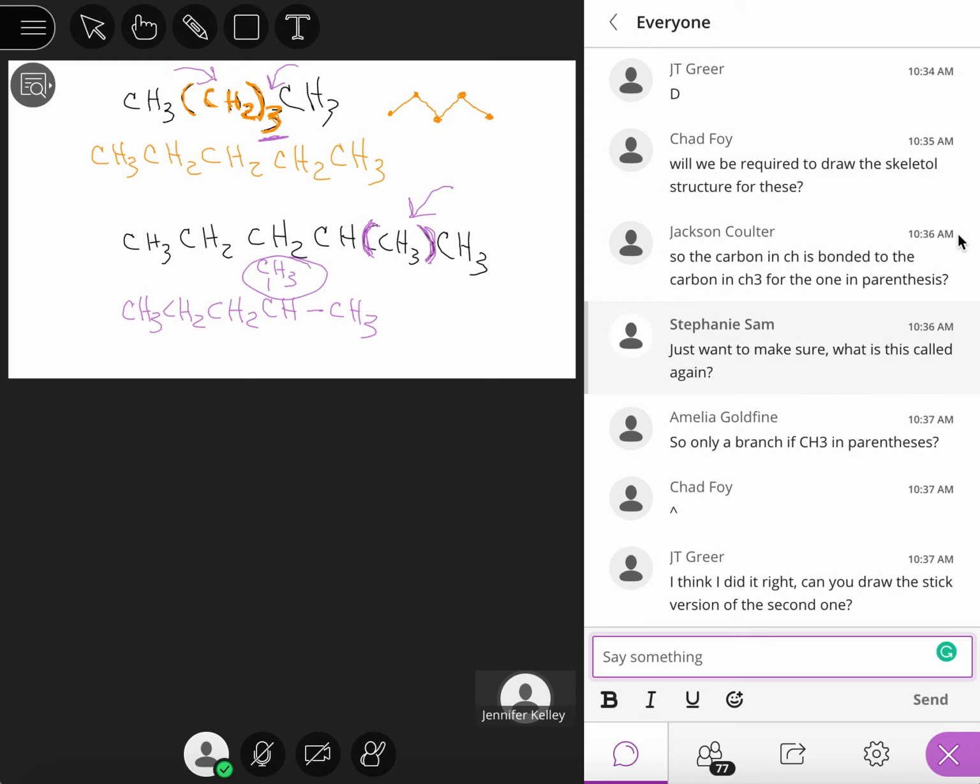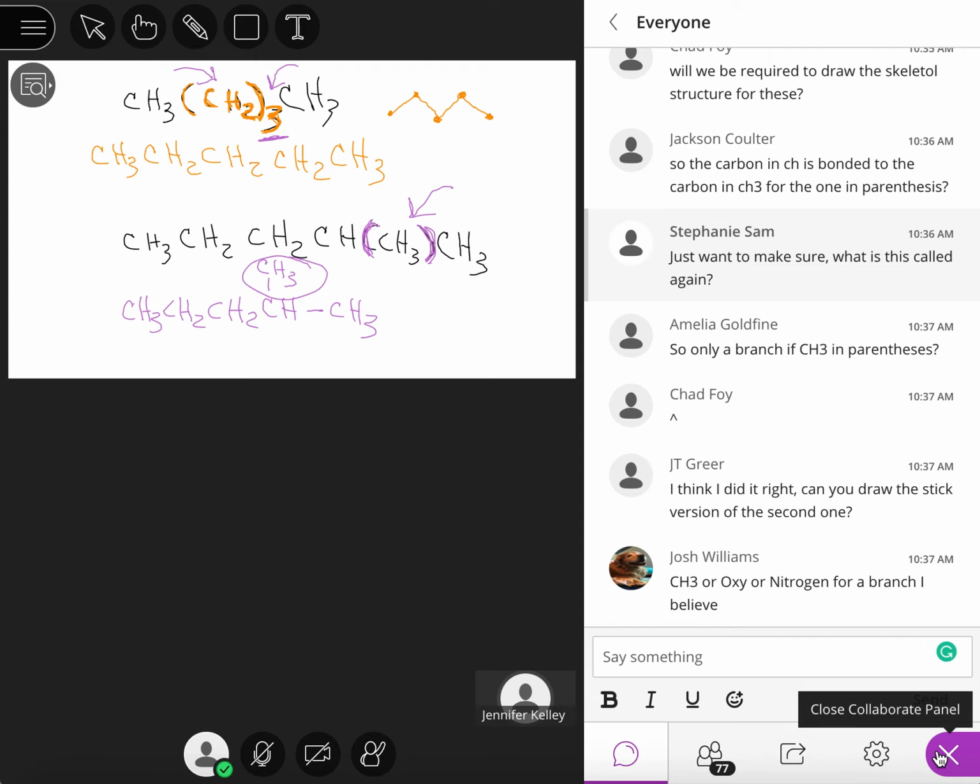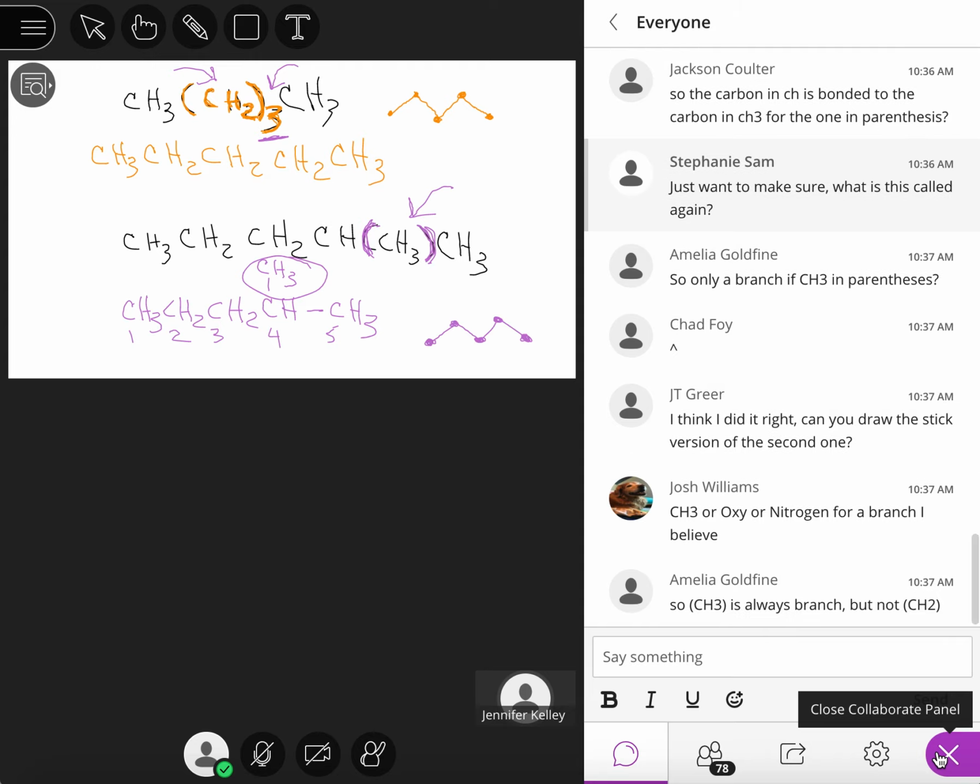Absolutely. Okay, so the stick version of this one, let's see, there's 1, 2, 3, 4, 5 carbons in a row. There's going to be 1, 2, 3, 4, 5. The 4th one from the left, which would be this carbon here, has a branch.